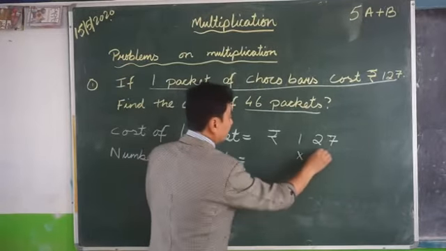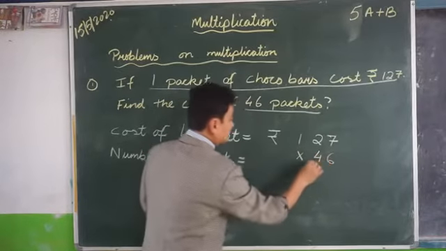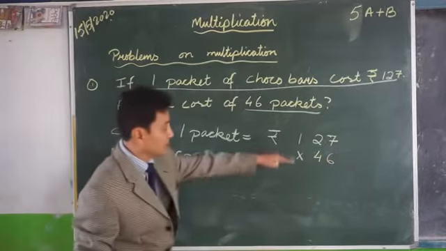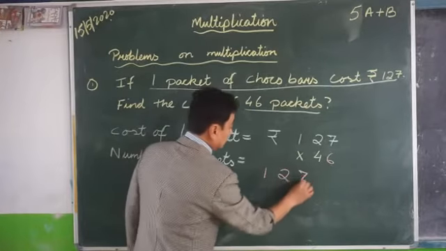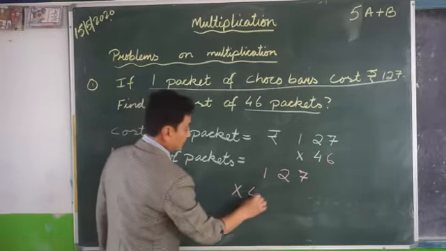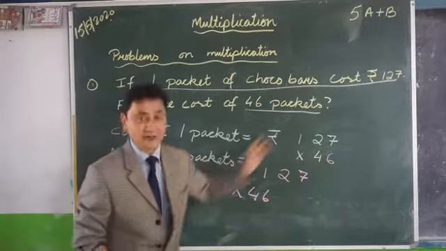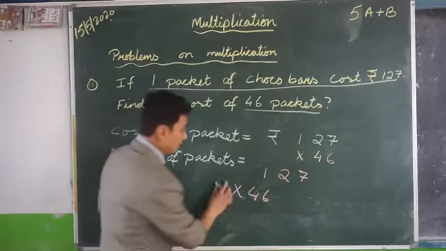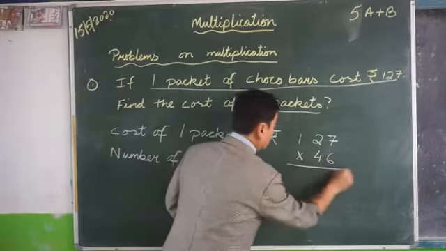Now these are multiplication sums, so we must multiply. Multiply by 46. Remember to write the number correctly, one below the other. Not like this, like some of you do. 127 multiplied by 46. It looks so funny. So do it the correct way. I'll rub this out. And then you draw a line.